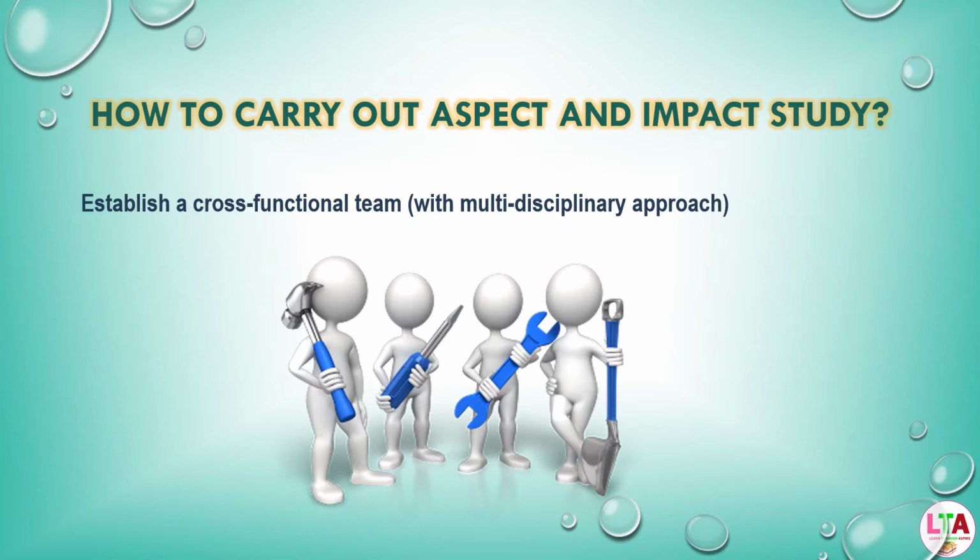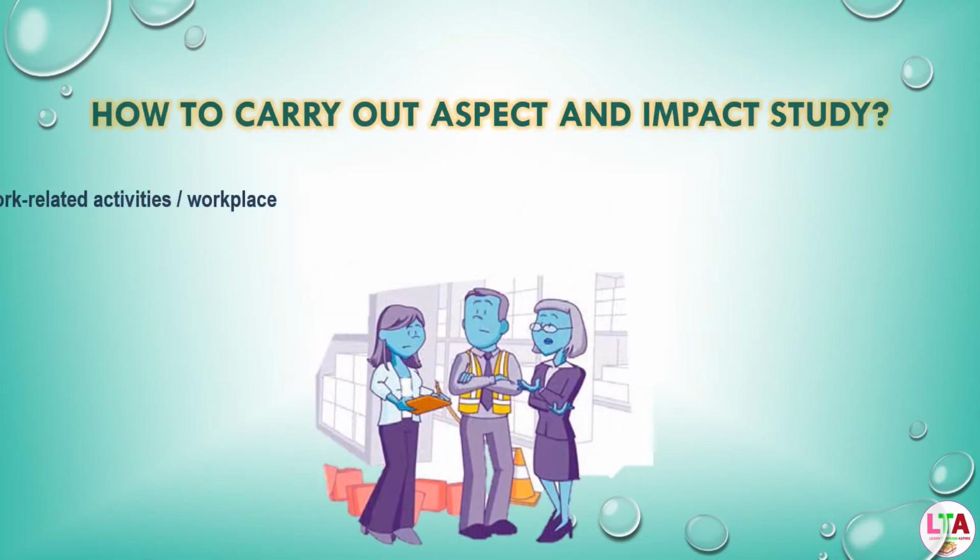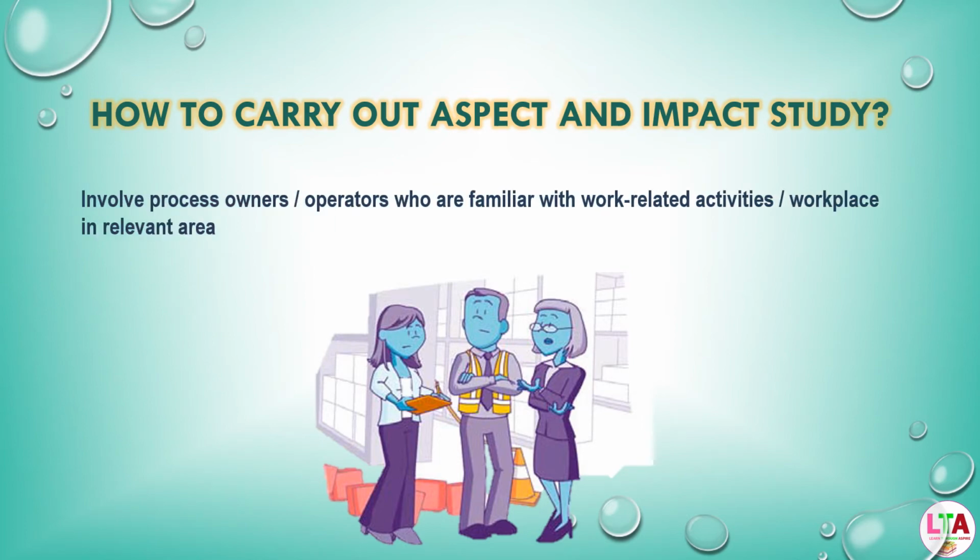Each and every process owner should be a member of this cross-functional team. We need to involve the process owners or operators who are familiar with their work related activities, because they work on a day to day basis and have more knowledge than us.